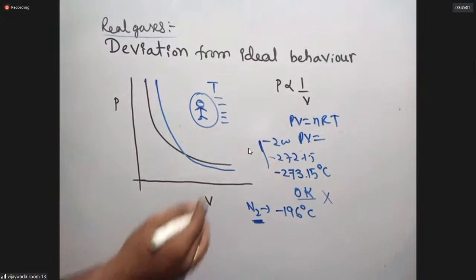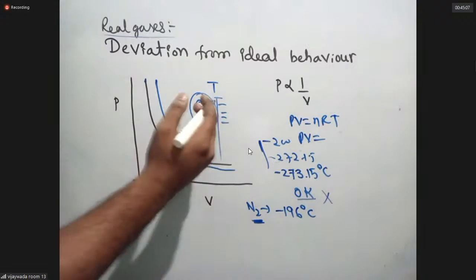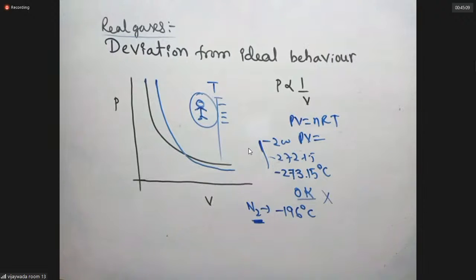According to protocol, they have given certain parameters for a good teacher, but no one follows that completely. Maybe they follow 99 percent or 99.99 percent, but never 100. So no one is ideal. Similarly, no gas is ideal. It is hypothetical. Are you getting my point?